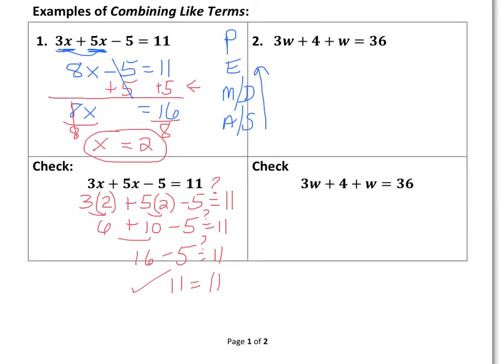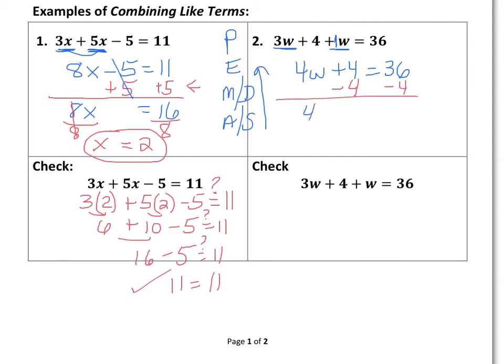Okay, let's try another problem over here. 3w and w are like terms. 3w plus 1w, remember that's 1, is 4w, plus 4 equals 36. Working from the bottom up of PEMDAS, we're going to undo the addition with subtraction first.